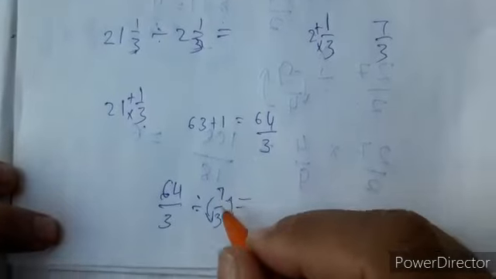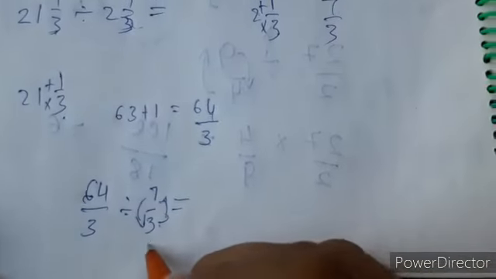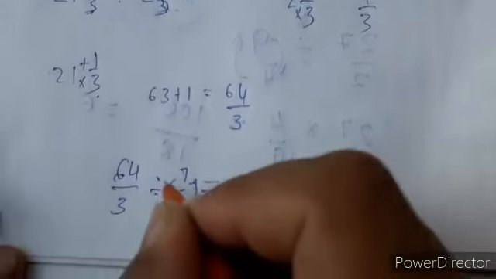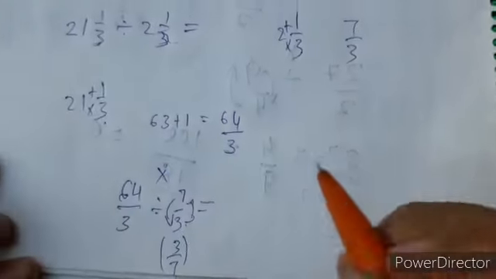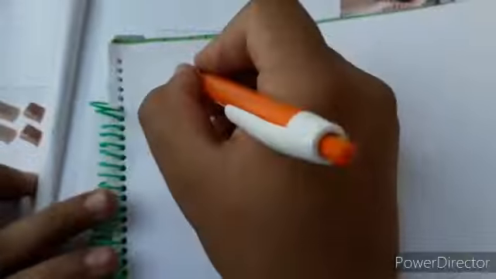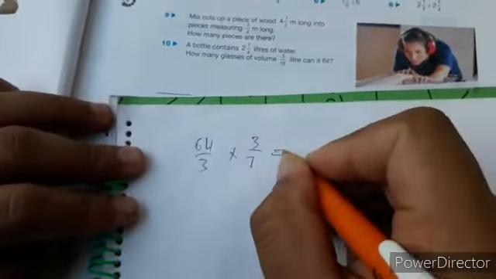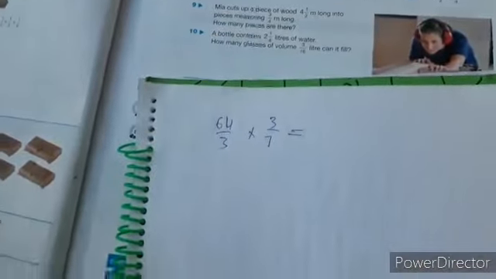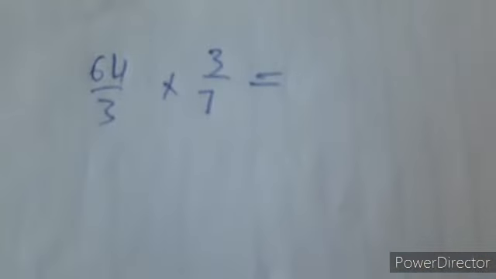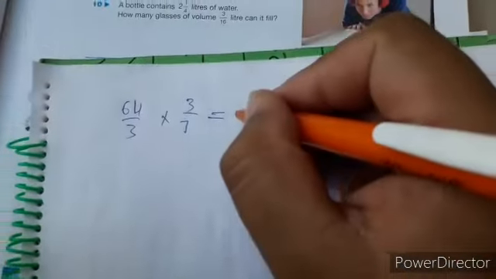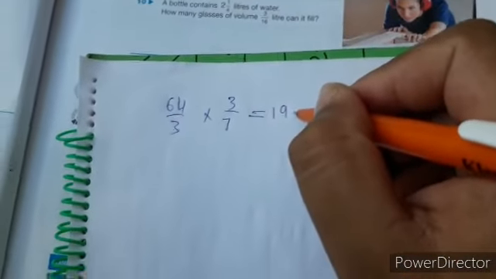The reciprocal of 7 over 3 will be 3 over 7, and this will change into multiplication. So 64 over 3 multiplied by the reciprocal 3 over 7, which will be 64 times 3, which is 192 over 21.